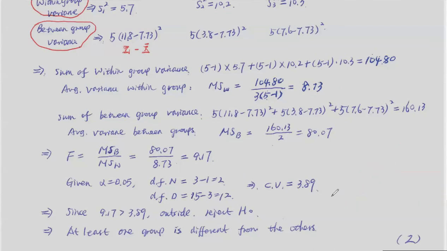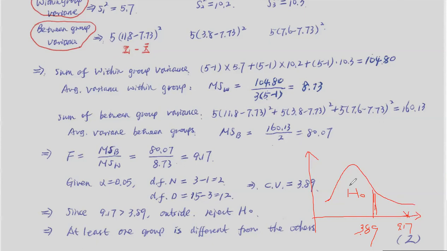So remember the F distribution is not symmetric, right? So critical value 3.89. That's our critical value here. Where's our data? Our data is 9.17, way to the right. Everybody? Data is further away from the center. What's the center? H0.